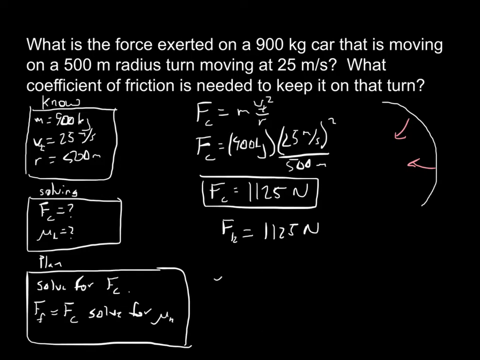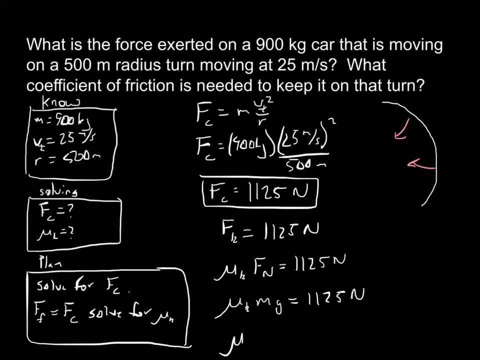And our force of friction is coefficient times normal force, which is 1,125 newtons. And our normal force, in this case, because we're on a nice flat surface, is just going to be equal to gravity. So that's mg. It's 1,125 newtons.